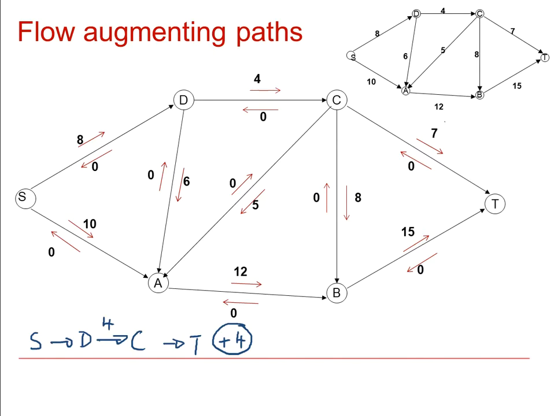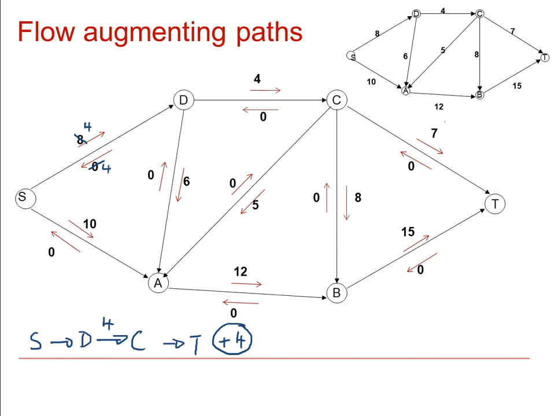Now, the possible increase is going to go down to 4 and the possible decrease up to 4 on this one here. So you can see that these are still indicating the changes. Because the capacity was 8, we could change in the direction from S to D by another 4 if we were able to.